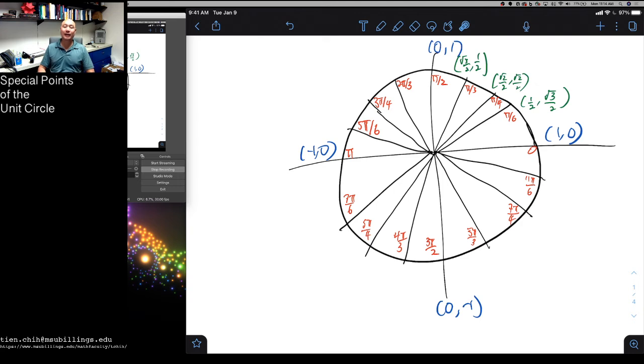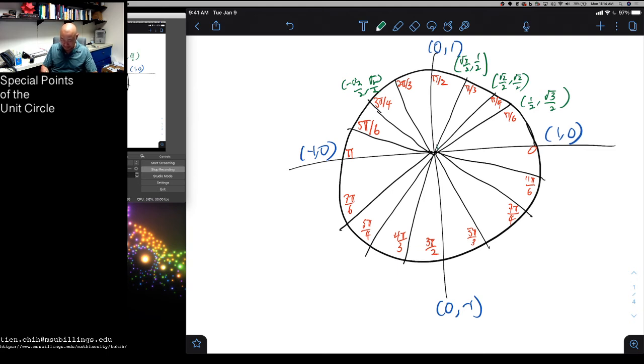What I alluded to briefly there, but I'm going to say a little bit more about right now, is if I take a look at this pi over 4 triangle here, and then I reflect it this way, that's a congruent triangle over here with the same height, and the base has the same length, it just now extends the other way, right? And so from that, what you get is that for 3 pi over 4, your x value is minus root 2 over 2, but your height is still root 2 over 2.